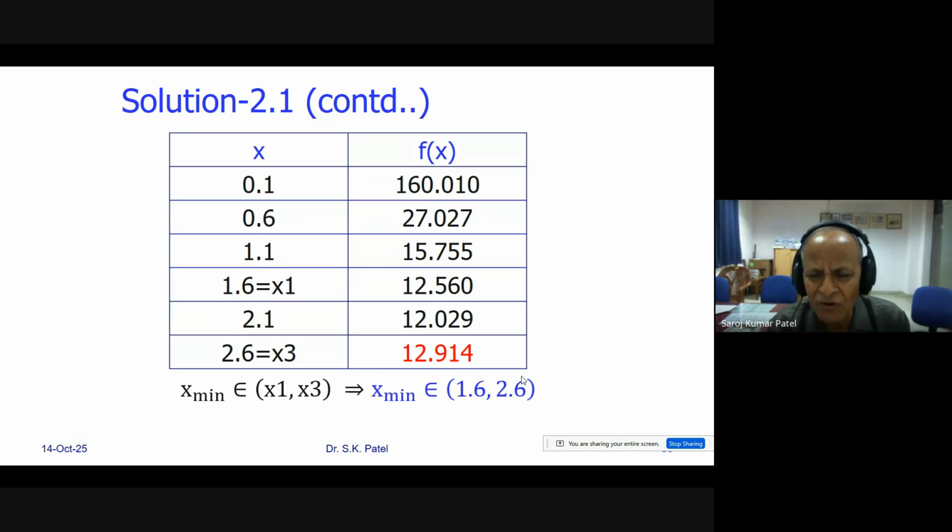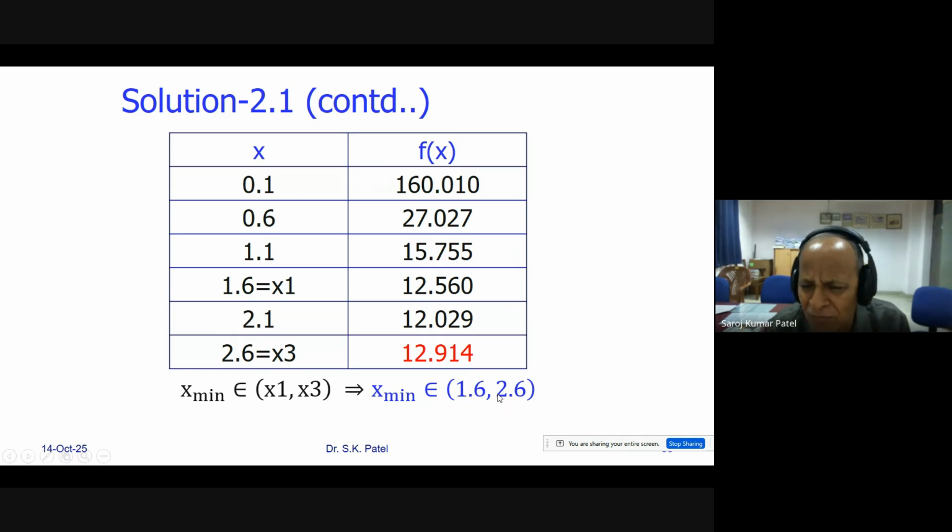Here the result is not one value. It says that any value lying between 1.6 to 2.6 is a feasible solution, and in this range the minimum point is lying. So we are not 100% confident at what one particular value of x f of x is minimum. Here we say a range of values, so that's why it is not a 100% accurate result.